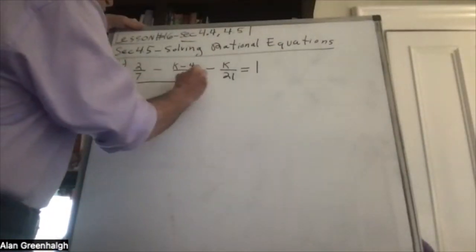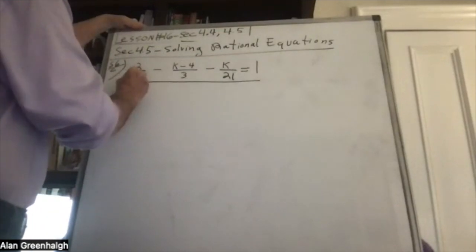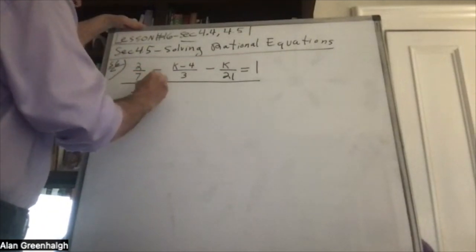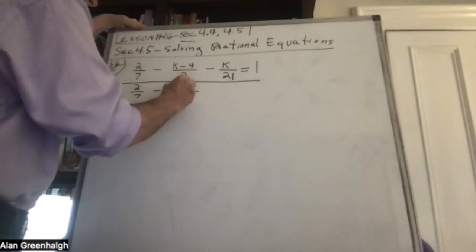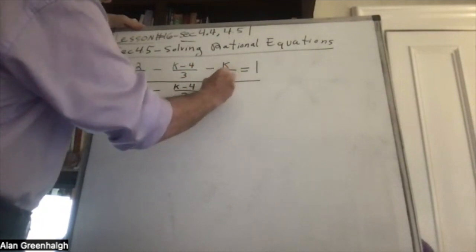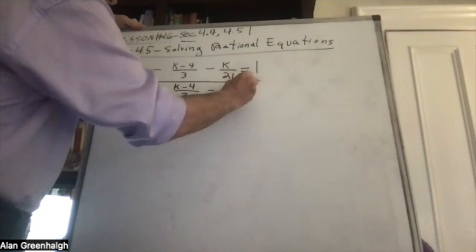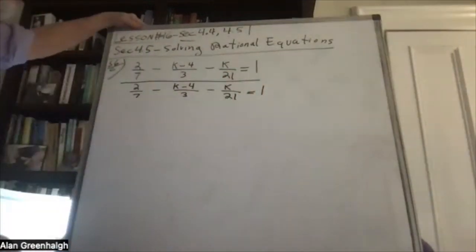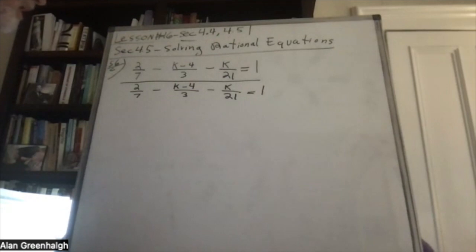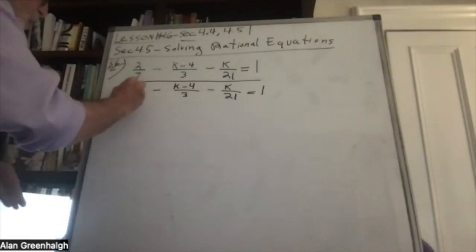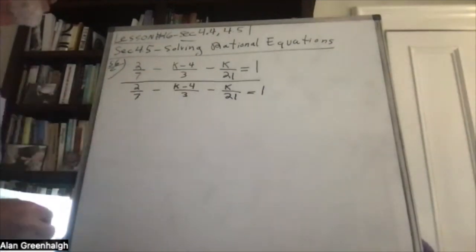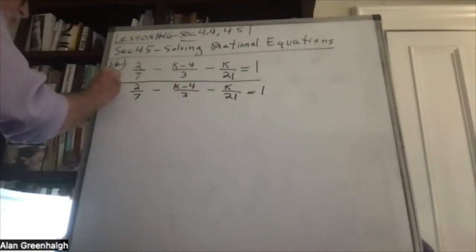But I'm going to rewrite the equation. With equations especially, I like to rewrite the problem. I should be doing that with every problem, really, because it's always good to have the original. But so this is the equation, and the least common multiple, in other words, that number which everything divides into evenly, is going to be 21.